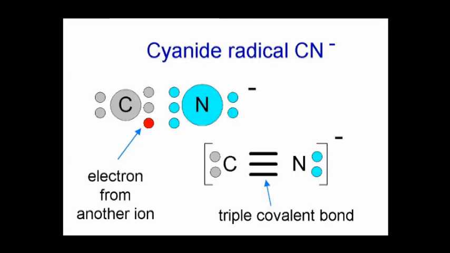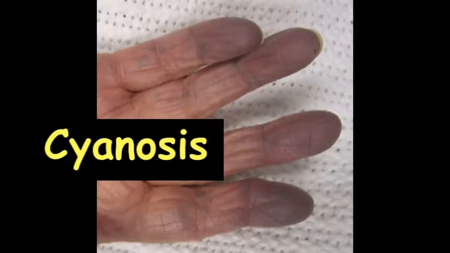The 2 atoms each have complete shells of 8, a lone pair of their own, plus 6 in the triple bond. The cyanide radical is deadly. Eat its salts or breathe in hydrogen cyanide gas and your red blood cells cannot carry oxygen.